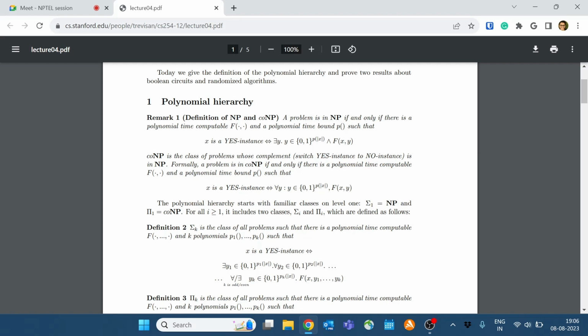Okay, fine. So now let us write the direction wherein x is a no instance. So if f of x y... you want me to write this, right? Yes.